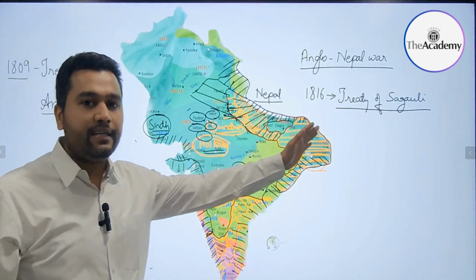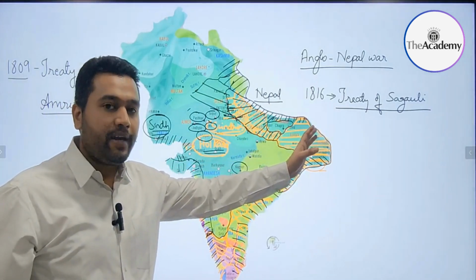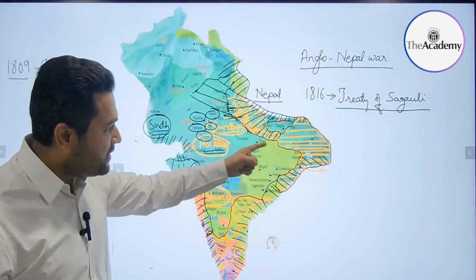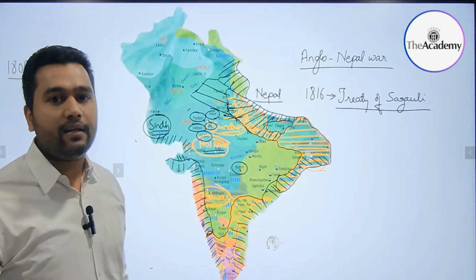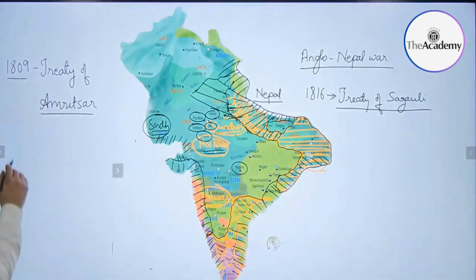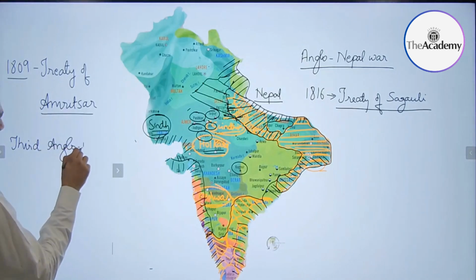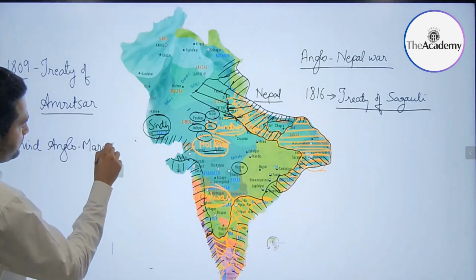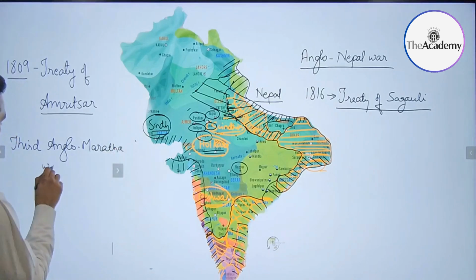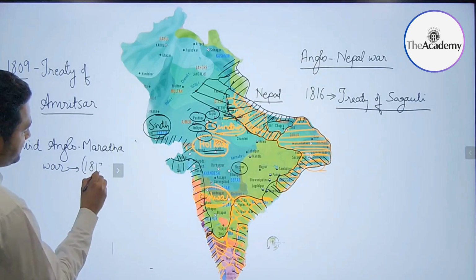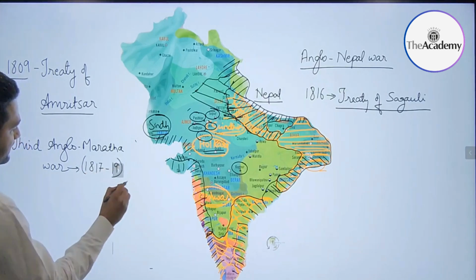And by 1816, Lord Hastings made up his mind to annex the remaining central India as well. And this was the background to the Third Anglo-Maratha War, fought from 1817 to 1819.